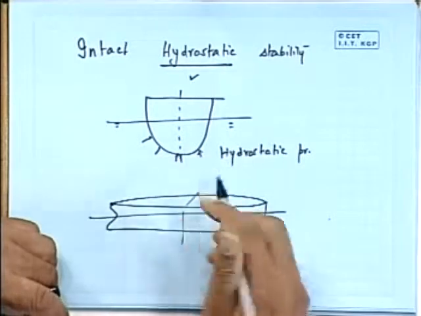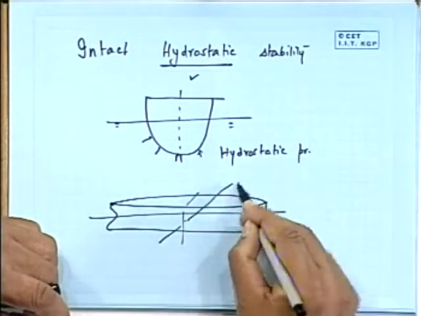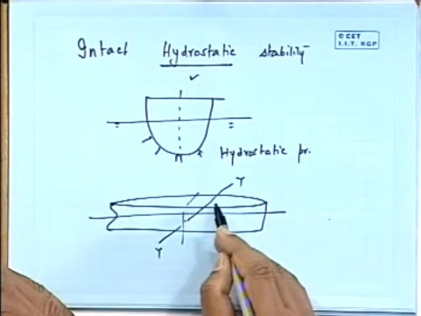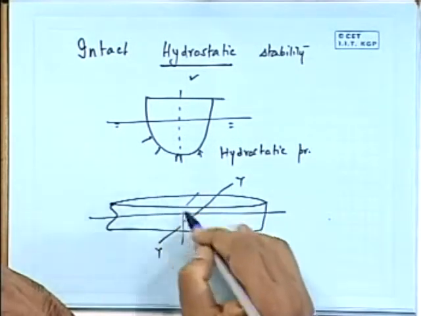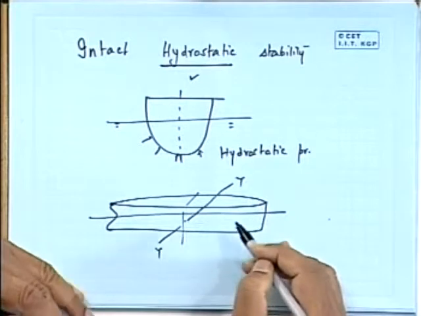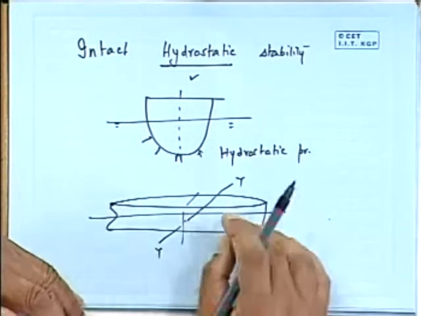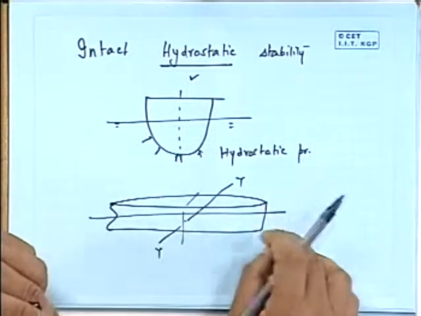That means I have rotated about this y axis. Turns out that if you rotate about y axis, the restoring moment, the moment that tries to bring it back, is so large that the ship can never ever capsize in that mode because of its length. Therefore, we never talk about stability in that plane.